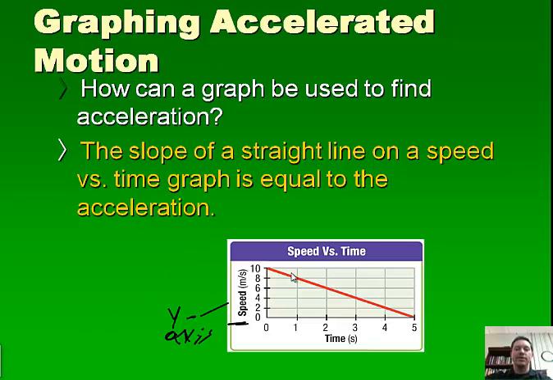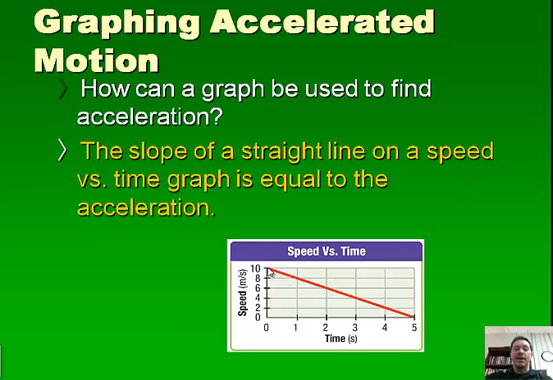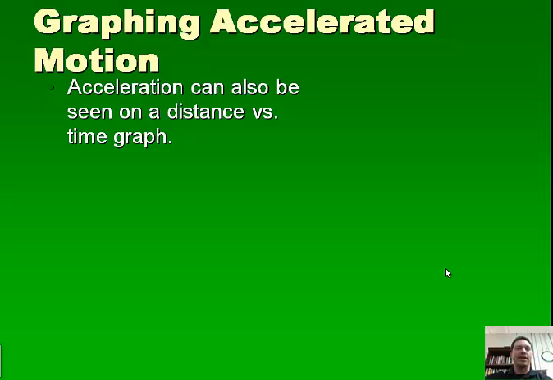So speed versus time gives us an acceleration. And we'll see in a minute that when this line decreases or goes down, we've got a negative acceleration or deceleration. We're slowing down on that particular graph.